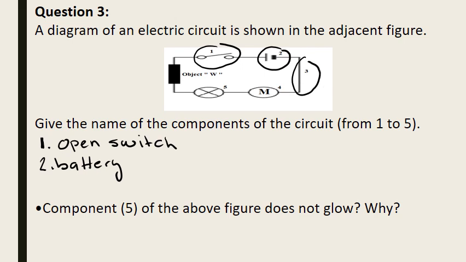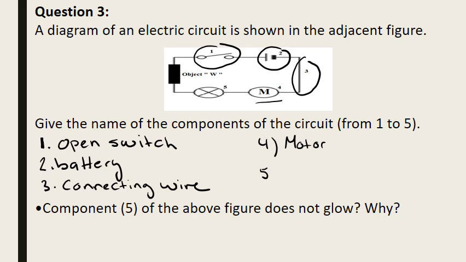Number 3 is a connecting wire. Number 4 is a motor, and number 5 is a lamp.